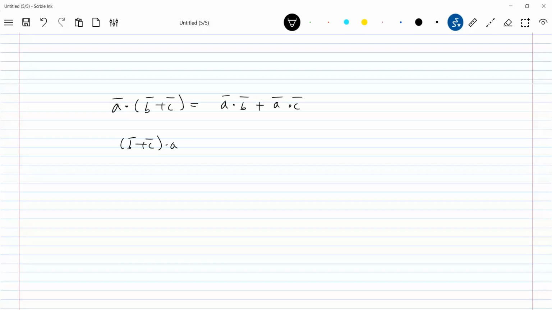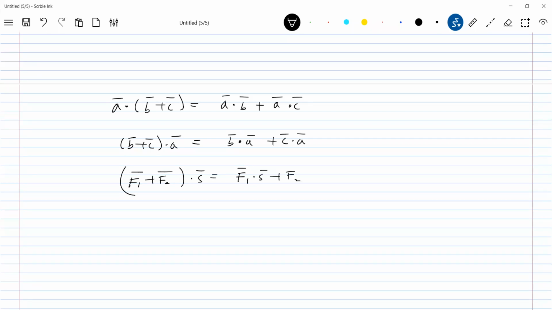No problem. Both are the same, no? Will you all agree? We already discussed this in vectors. So from that particular property of the dot product of vectors, I'm applying. So now let this be f1 bar plus f2 bar dot s. So you can expand like this: f1 bar dot s bar, f2 bar dot s bar.